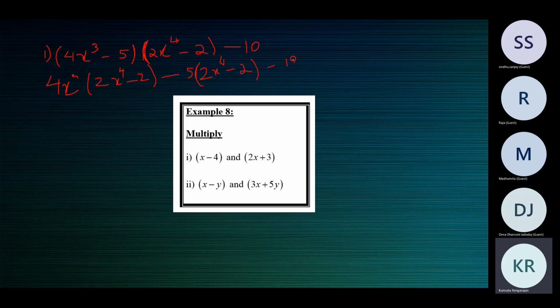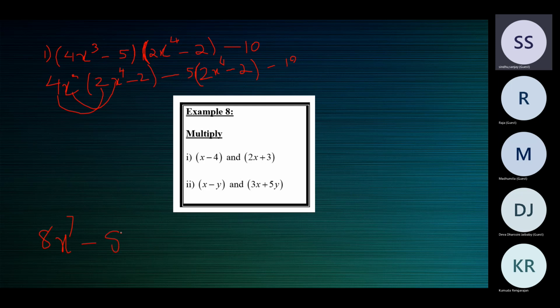Next. 8x to the power 7 minus 8x. 4 2s are 8. x cube into x to the power 4, we have to add the powers, x to the power 7. Next term. Minus 8x cubed, ma'am. Minus 10x to the power 4, ma'am.